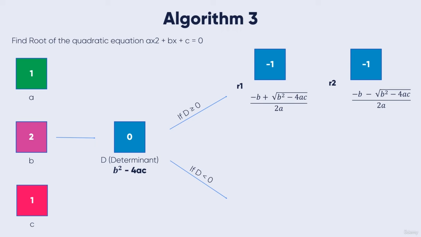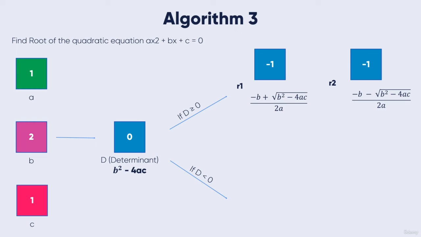In this case, it is equal to minus 1. And r2 is calculated by minus b minus the radical of b squared minus 4ac, over 2a. This example will result in r1 equal to r2, which is the double root when the determinant is equal to 0.